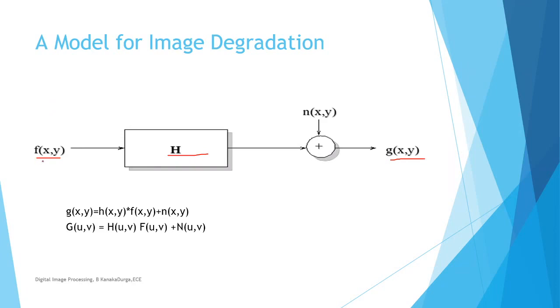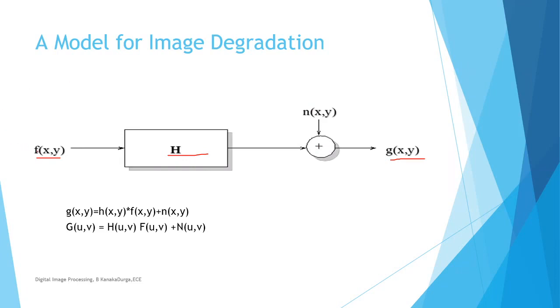So f of x comma y is the original image, h is the degradation function, n of x comma y is the noise function, and plus denotes that it is additive. The noise is added over here, and g of x comma y is the degraded image.